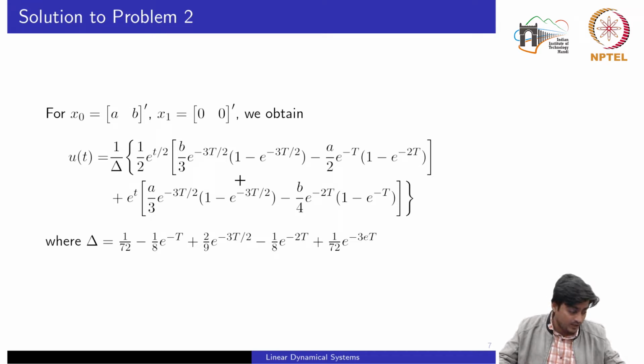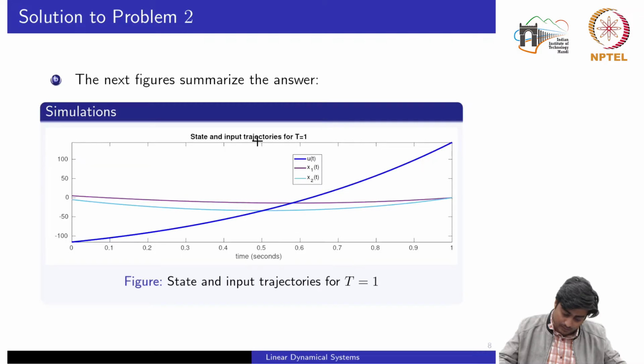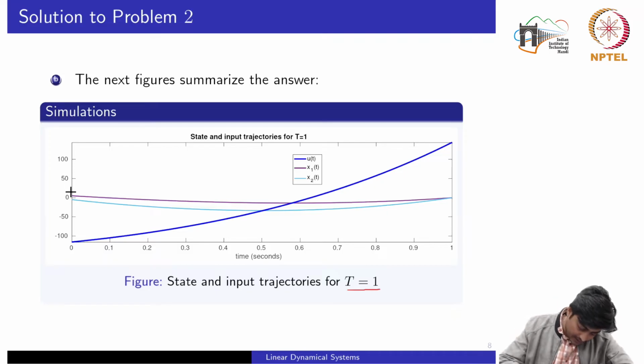Once we have the analytical expression and we give it to the plant, we also compute the trajectories x1 and x2 to show whether they reach the origin in a finite amount of time. The first case is when T is equal to 1 and the initial conditions are 5 and minus 5.